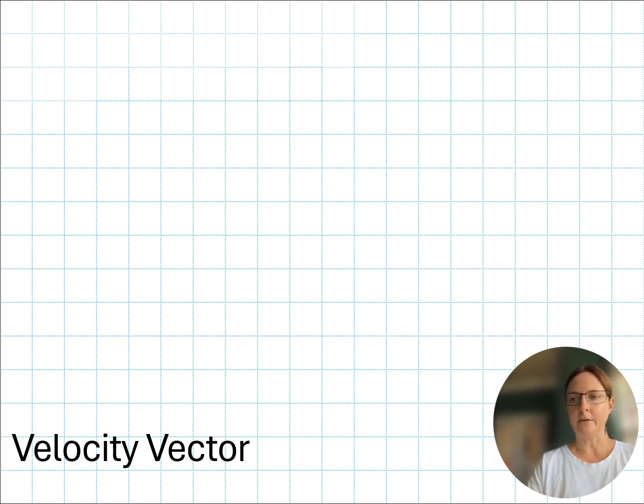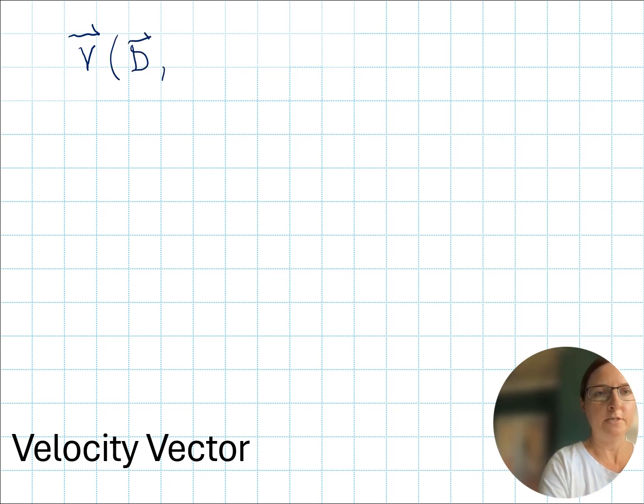So the velocity vector is the change in the displacement vector over time. So I can define my velocity vector as a function of my displacement vector d and time t.